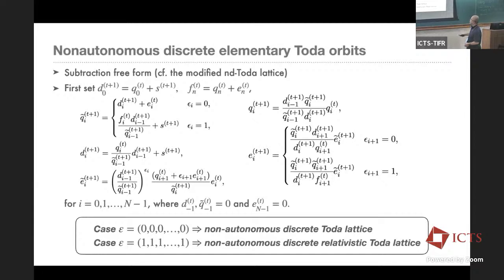Here we have no subtraction. I also want to stress that, as in my previous talk, we may call this the modified non-autonomous Toda lattice. This is the corresponding one, and here the minus sign doesn't happen.